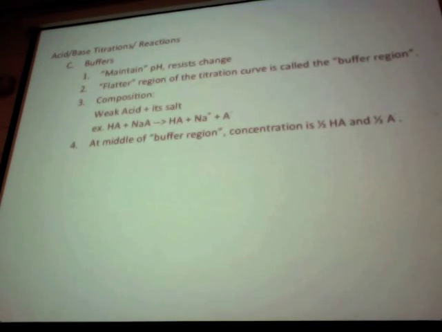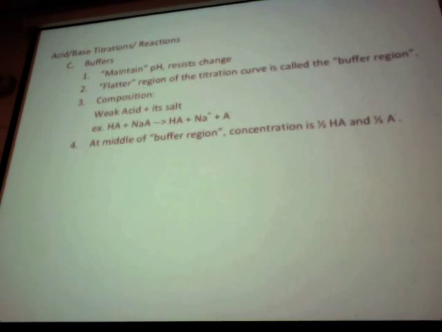In this case, you're adding hydroxide, but there's a resistance to change of pH. Therefore, the delta pH is small. So this is your buffer region to fit the definition. A little bit at a time for the definition.